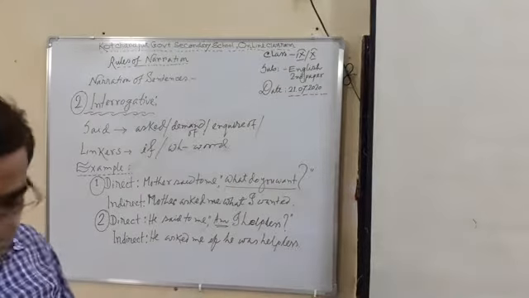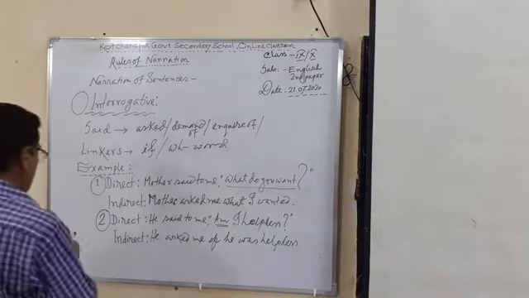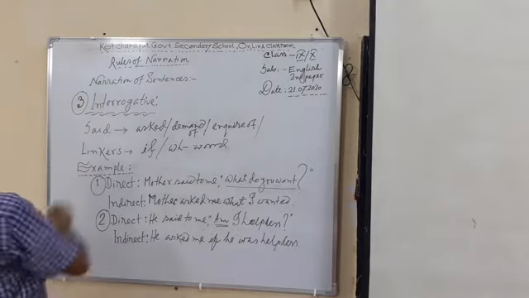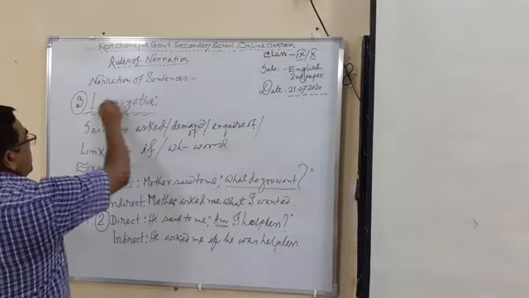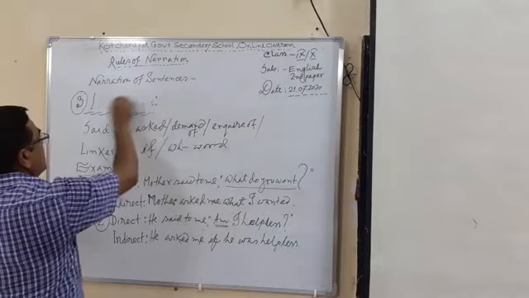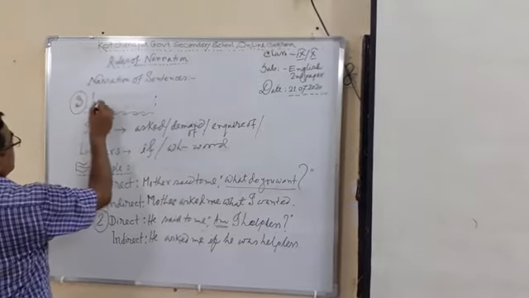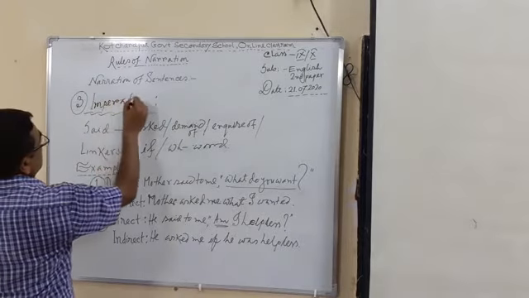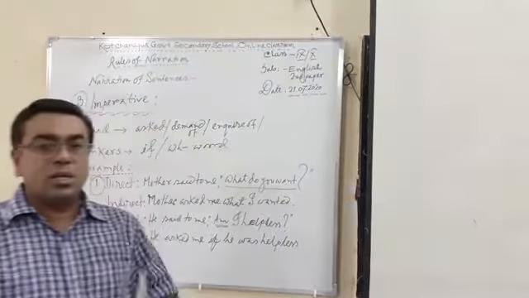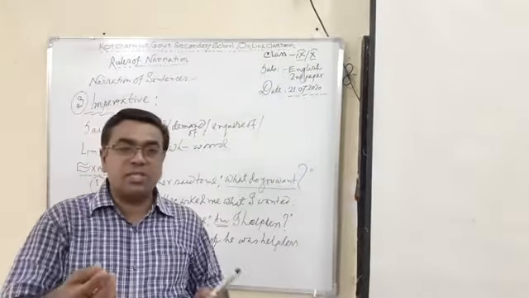Okay. Dear learners, then number 3, imperative sentence. What do we mean by imperative sentence? This sentence begins with a main verb or principal verb, and other imperative sentences begin with let.